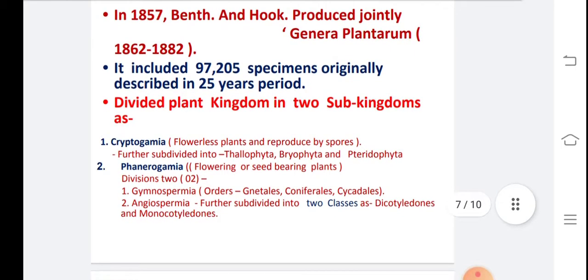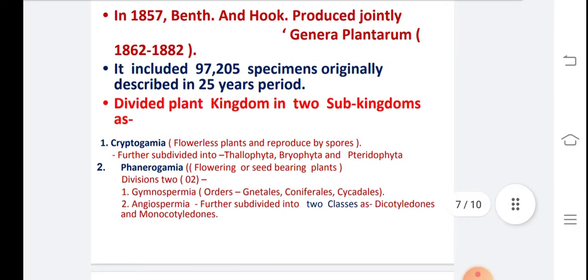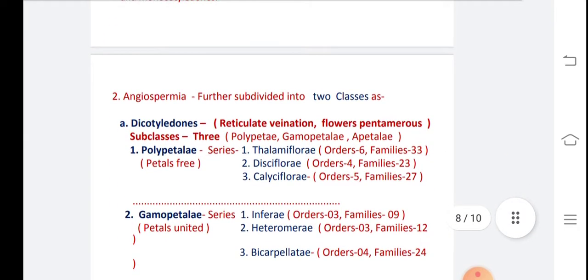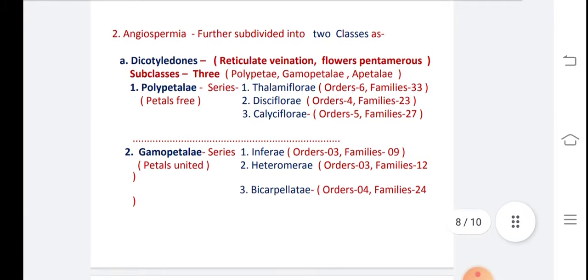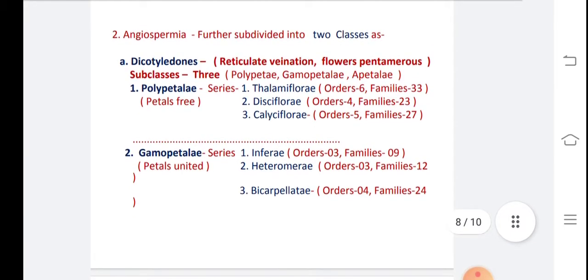So this classification was firstly given by Bentham and Hooker. Dicotyledons have reticulate venation and pentamerous flowers. His system we also use for the practical, right? It is simple to understand, simple to observe.